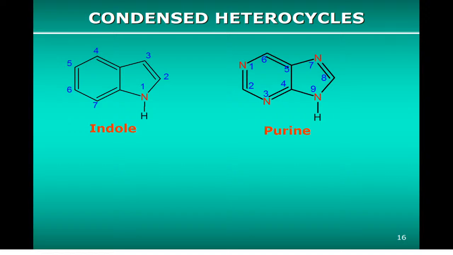So this is indole. And purine has a common numbering because it is a biochemically important substance, a structural unit of some nitrogenous bases. That's why, nucleic acids' structural unit. It was numbered before the IUPAC system. So that's why it's necessary to memorize, unfortunately for you, where the number 1 is.